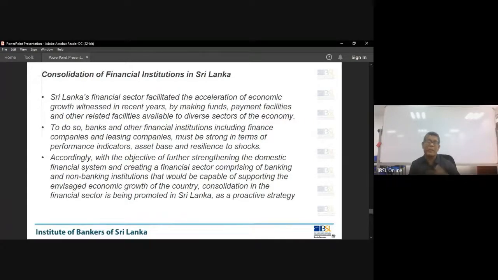We have around 39 finance companies in Sri Lanka, and even though we have 39 finance companies, the credit granted to the sector by those registered finance companies is almost less than 2 trillion, right? Less than 2 trillion.